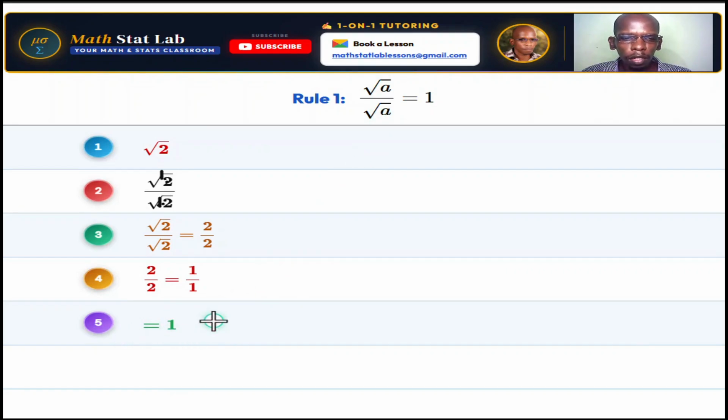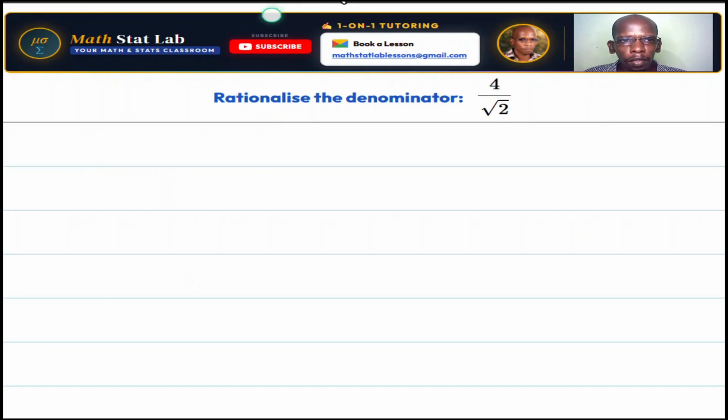We can use this to rationalize any denominator. In sum, can we try an example? Let's say you are given this question. Here, you are asked to rationalize the denominator in 4 divided by the root of 2. Of course, the denominator here is the root of 2.